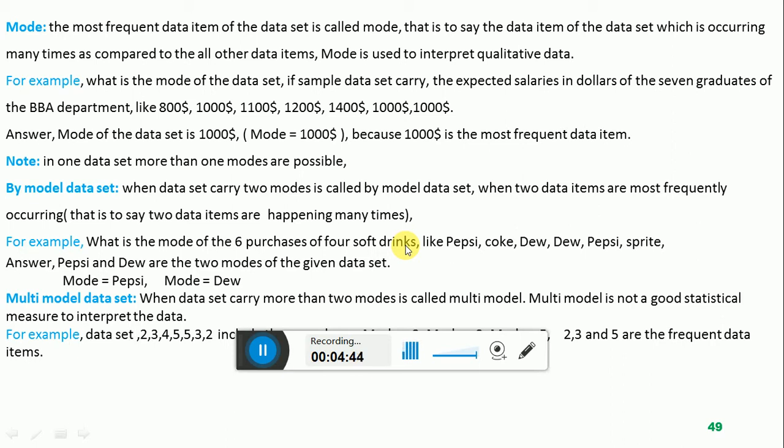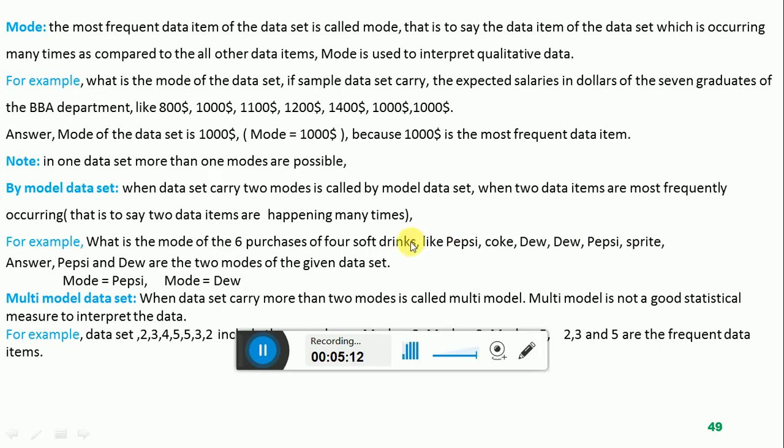The 4 different soft drinks are Pepsi, Coke, Dew and Sprite. The total available observations about these 4 soft drinks are 6 purchases: Pepsi, Coke, Dew, Pepsi and Sprite. So these are 6 purchases.